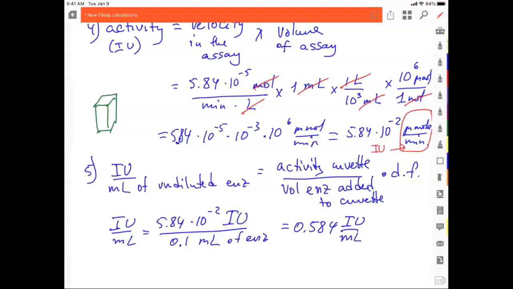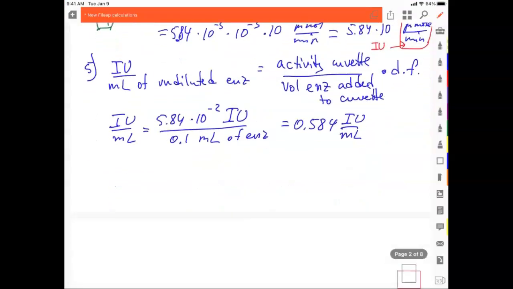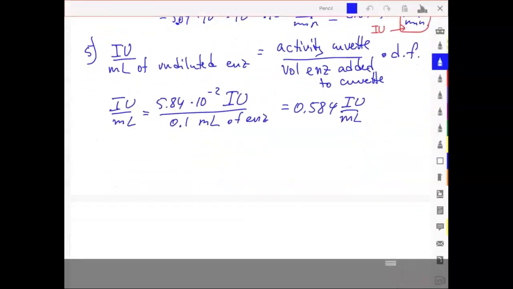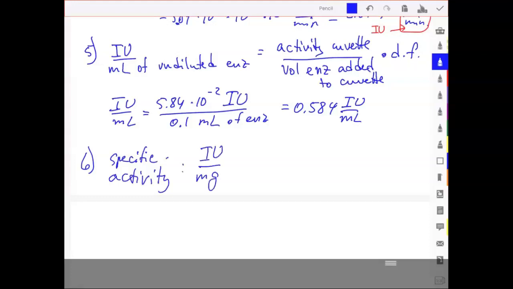Okay, so next we're ready to tackle specific activity, because specific activity involves, write that down, specific activity. And we basically need IUs per mg. So for every mg of protein, how many units of activity do we have, right?